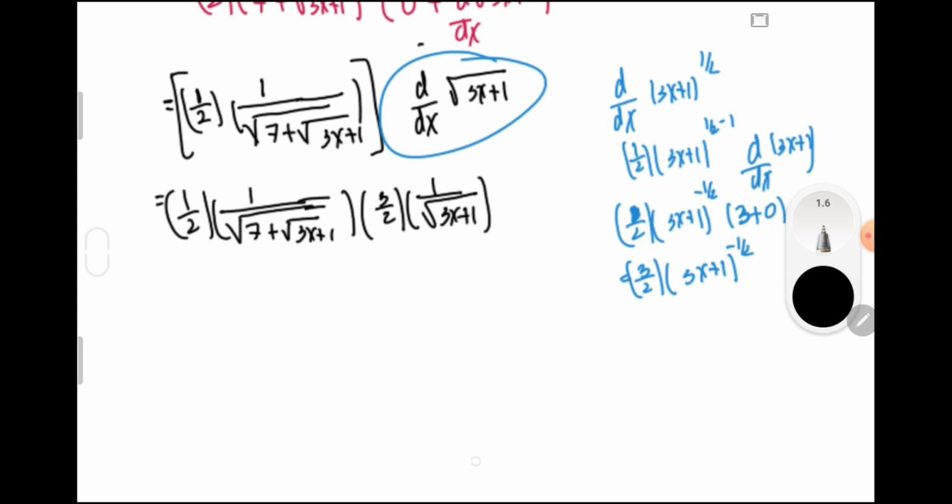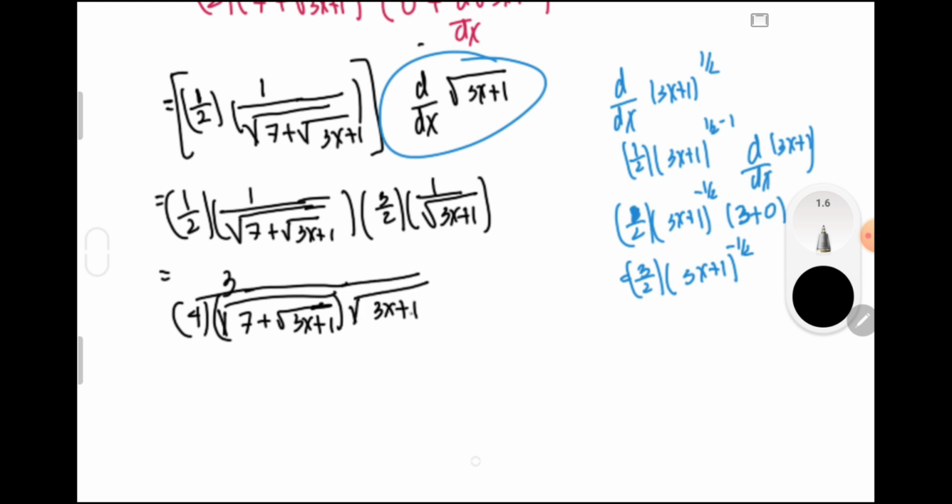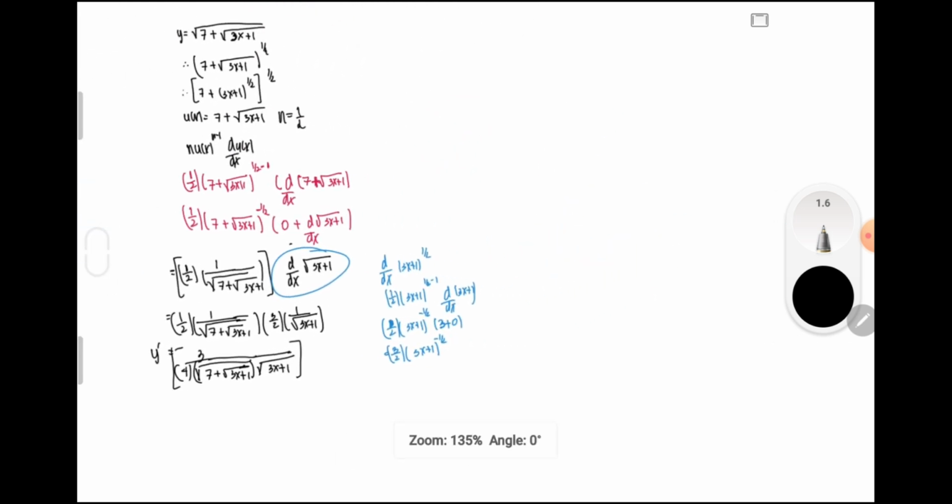Okay, so by further manipulation of this equation, we'll have 3 over 4 multiplied by square root of 7 plus square root of 3x plus 1, multiplied by square root of 3x plus 1, which is our y prime. Okay, there.